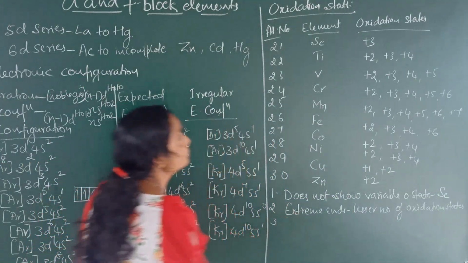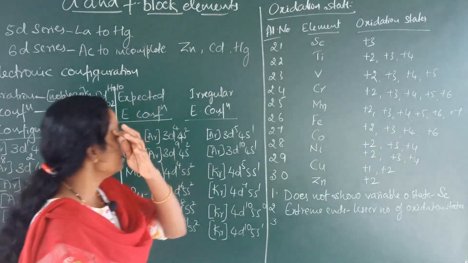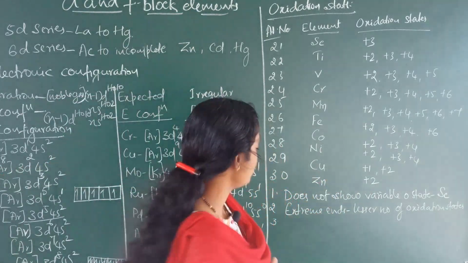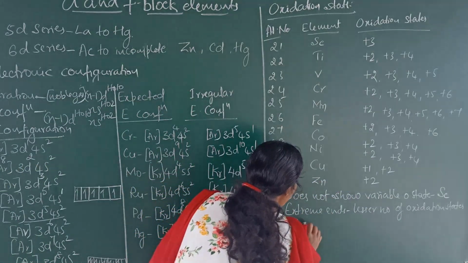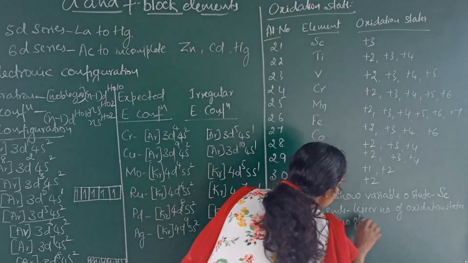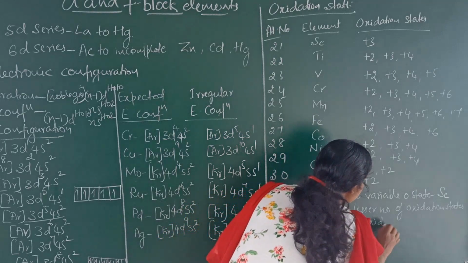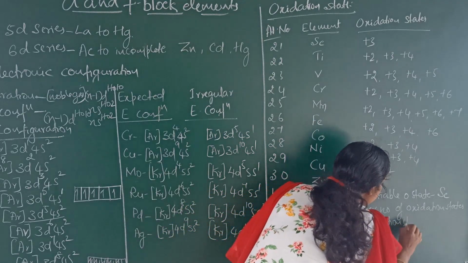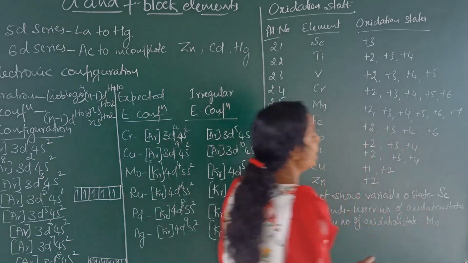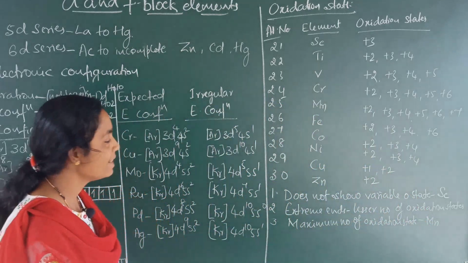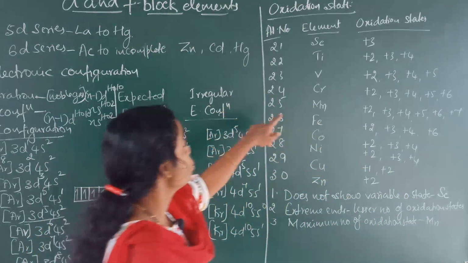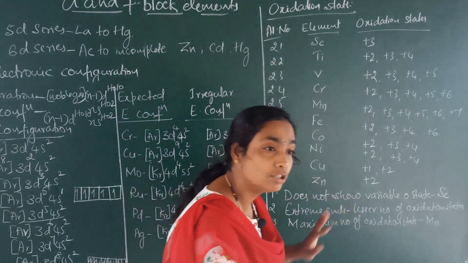Third point, the 3D series element which shows the maximum number of oxidation states is manganese. The maximum oxidation state shown by 3D series elements is also manganese.